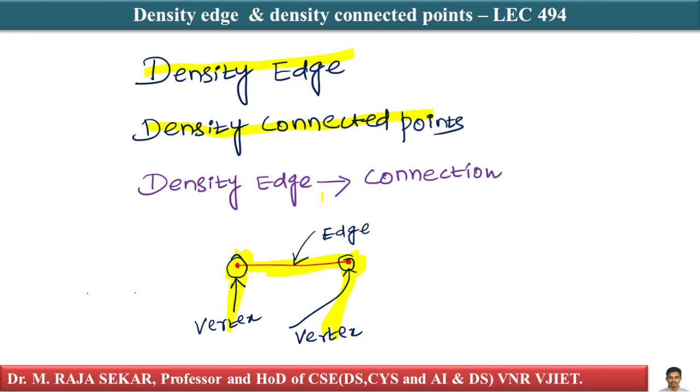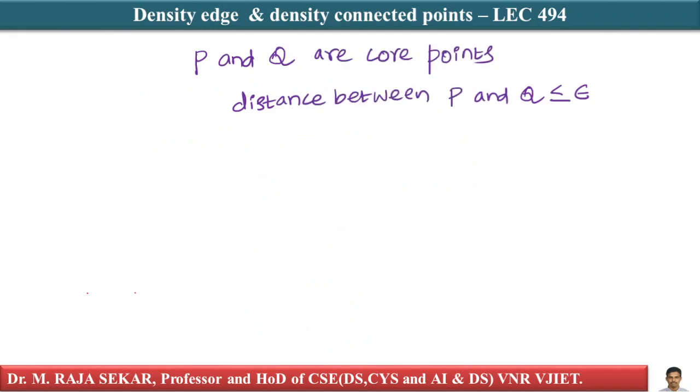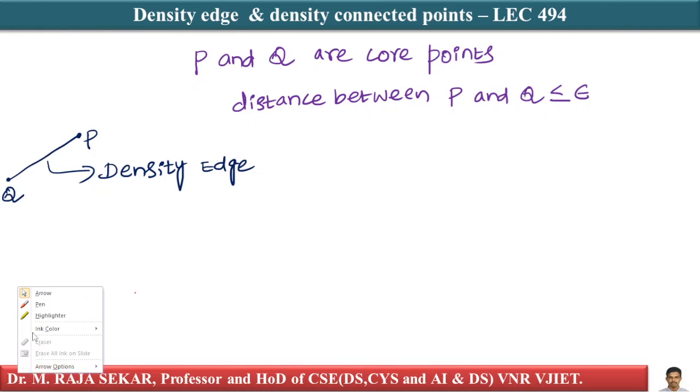So density edge is: if P and Q are two core points, and if the distance between P and Q is less than or equal to epsilon, then we take P as a vertex and Q as a vertex in a graph. We connect them with an edge. This edge is referred to as a density edge.